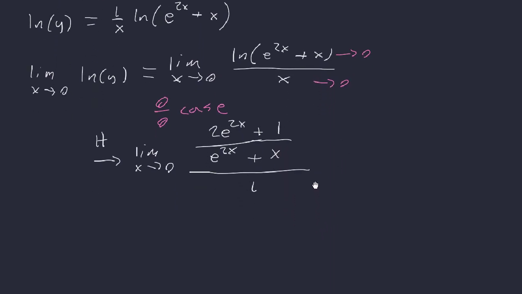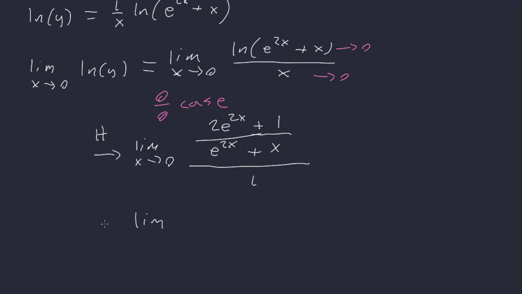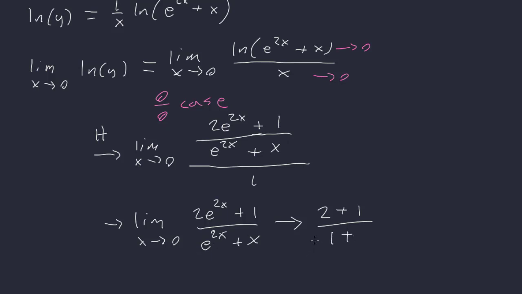So really, we're simply looking at the limit as x goes to 0 of (2e^(2x) + 1) all over (e^(2x) + x). This shouldn't be a problem, because when we plug in the 0, we'll get 2 times e to the 0, so 2, plus 1, all over e to the 0, which is 1, plus 0. So we get 3.